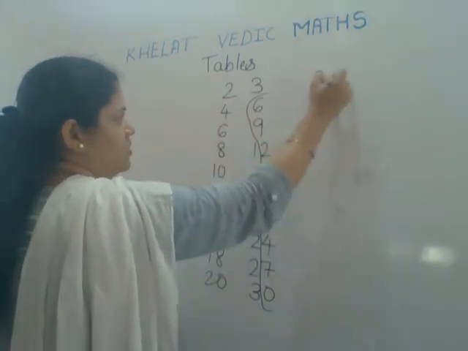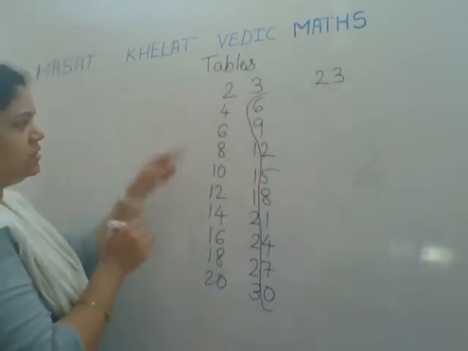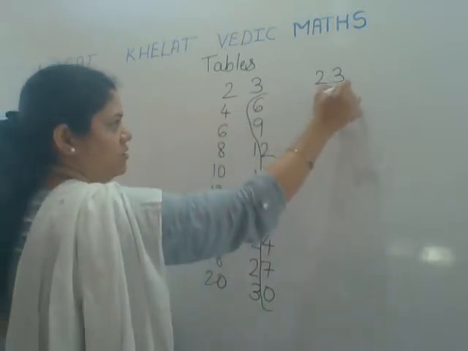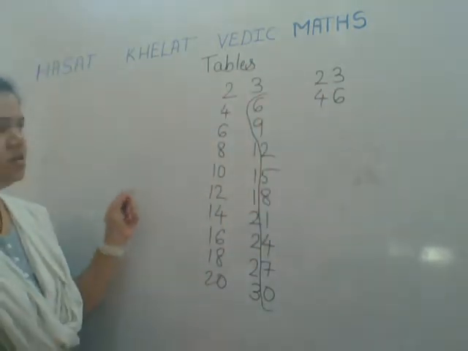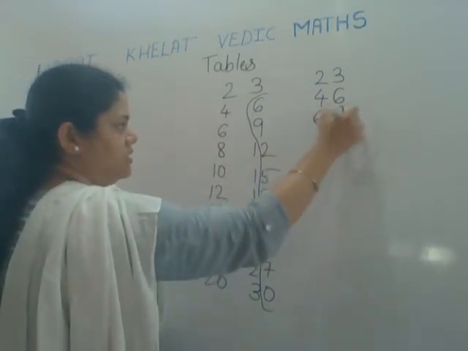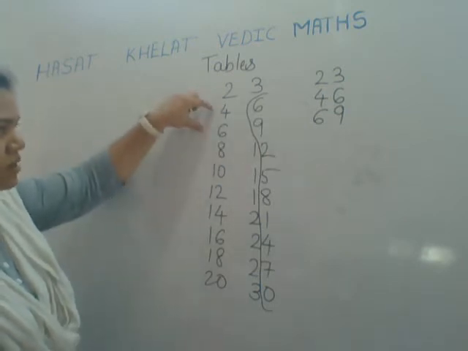Now again see, 23. First 2 numbers directly. 23 twos are, from here I can write 46. 23 threes are, I can write 69. Now what is happening here?